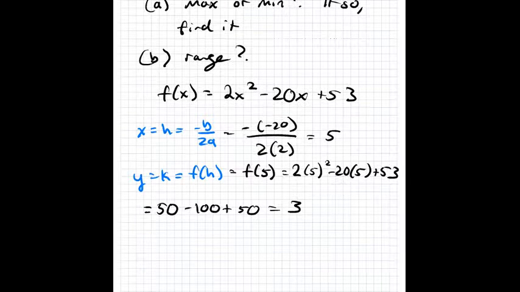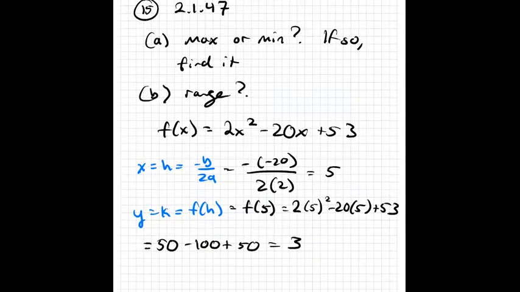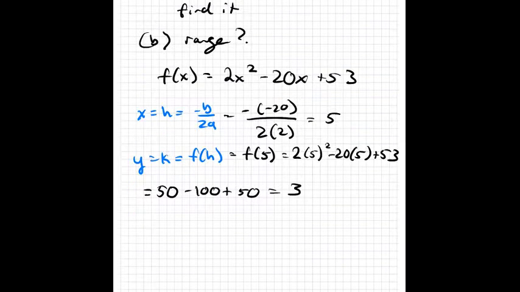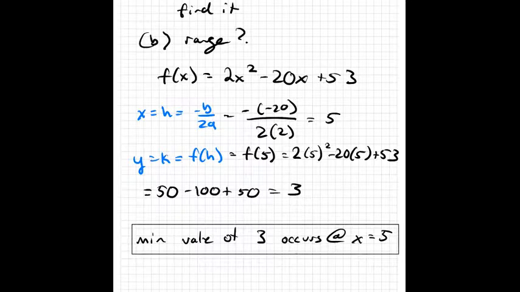So we're going to say the minimum value of 3 occurs at x equals 5.